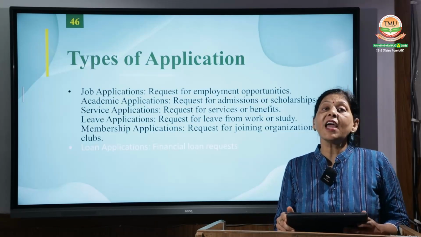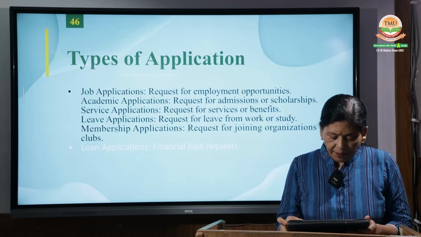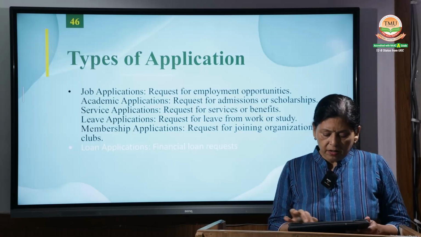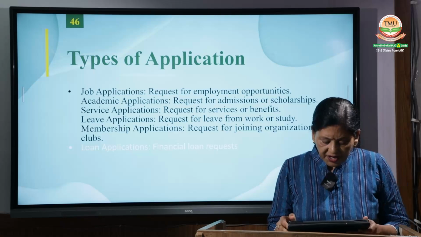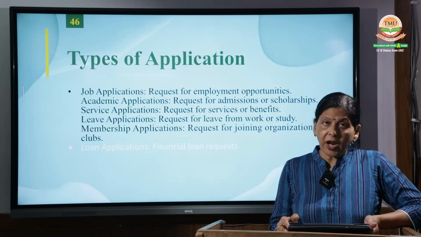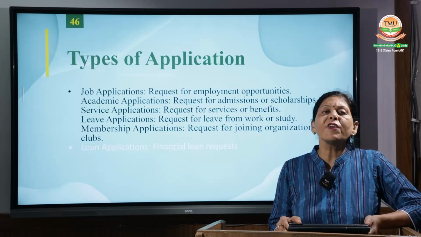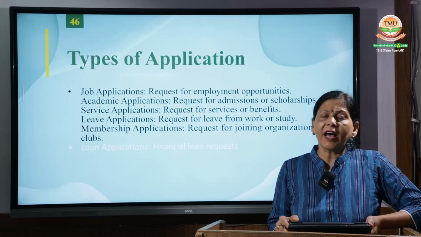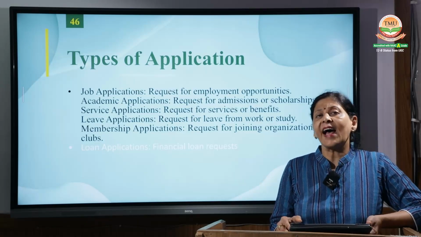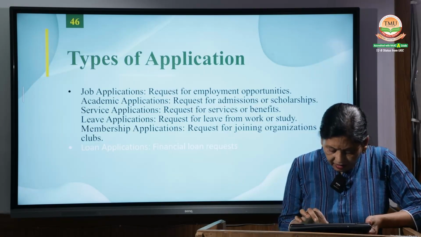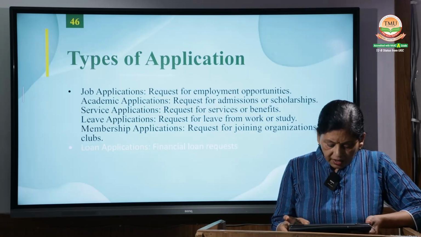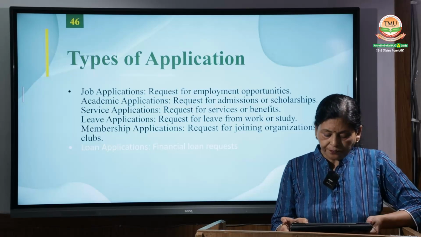Then the tips for writing an effective application: be clear, and include all the necessary details. The tone has to be polite, and complete professionalism has to be used. Clear and concise language means whatever is being said has to be mentioned very clearly, and it follows a proper structure.